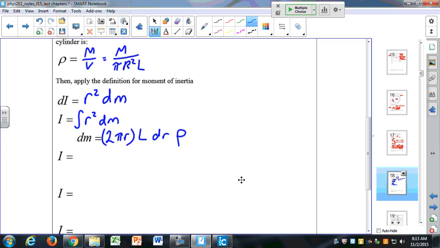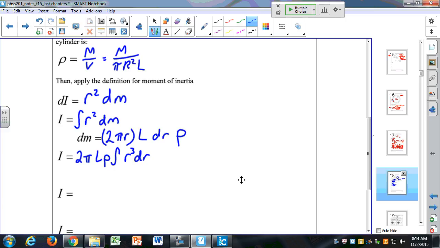I get the integral of, actually, I'm going to go ahead and write this a little simpler. Let's pull some stuff out. I'm going to pull out 2 pi L and rho and the integral of r cubed dr. What I'm doing here is I'm taking this dm and plugging it in right here for dm, but then I'm pulling some stuff out that doesn't change with r. 2 pi doesn't change, L doesn't change, and rho doesn't change.